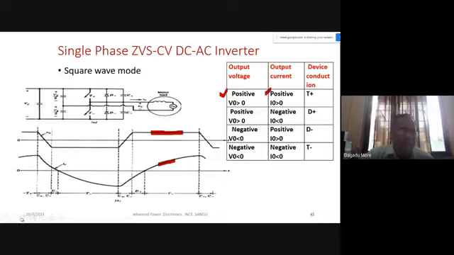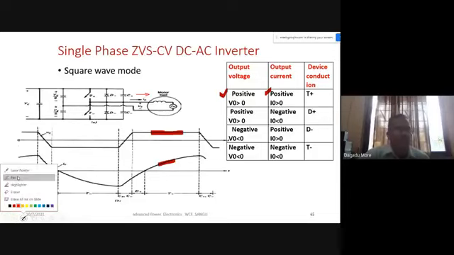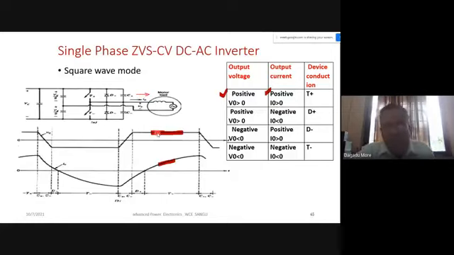Then which device has to conduct? Our output is positive and the positive direction of current is left to right. This is our direction of current, we have shown it here. This will be the positive direction of current, and we are assuming the waveform here, steady case.